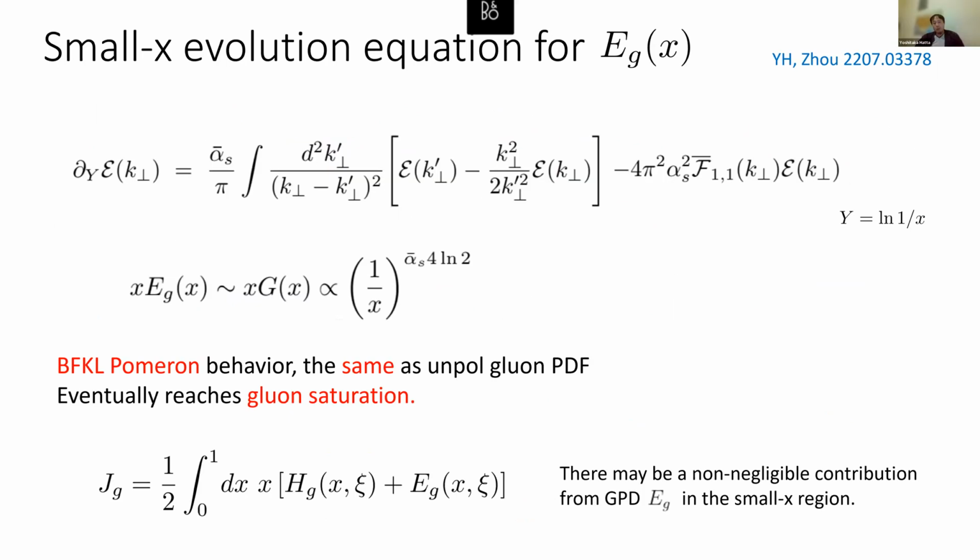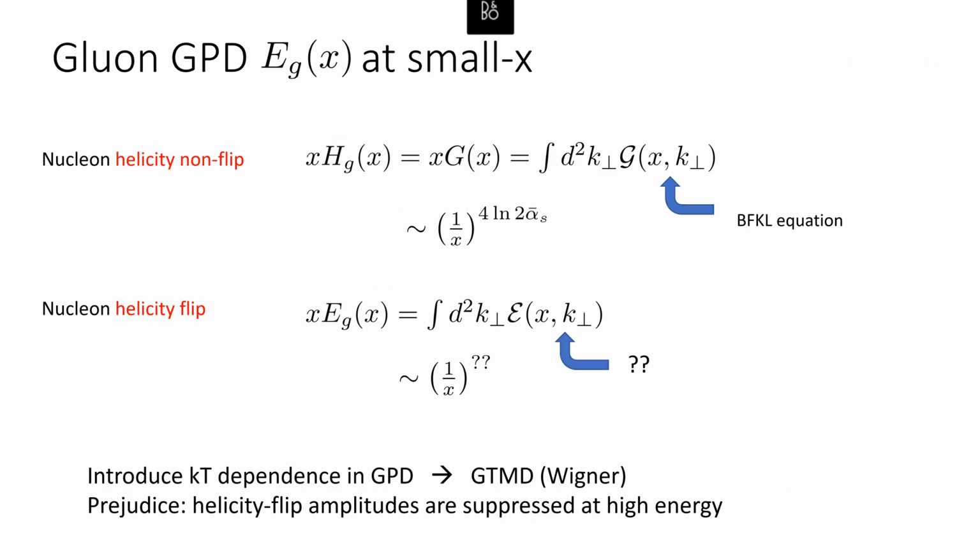What do you mean? You're talking about this slide? The previous slides, this one, and does the BFKL for the E include the gluon saturation? Yes, or it includes the saturation, right?